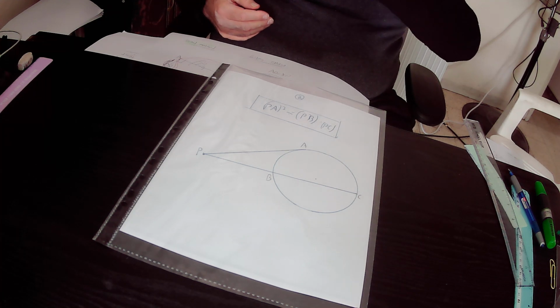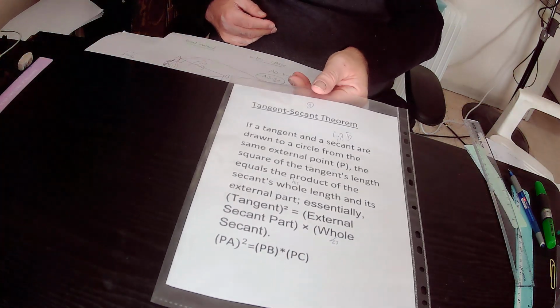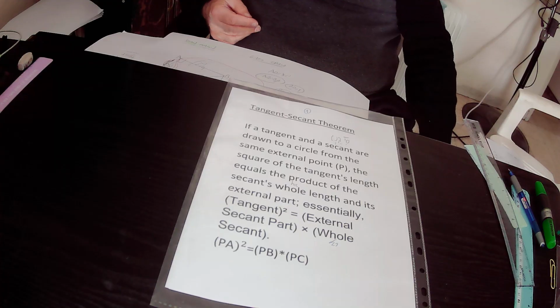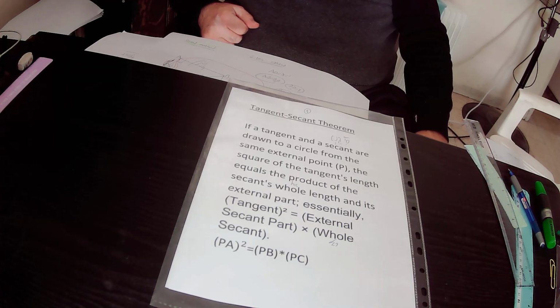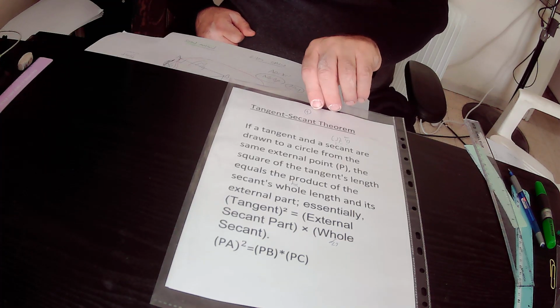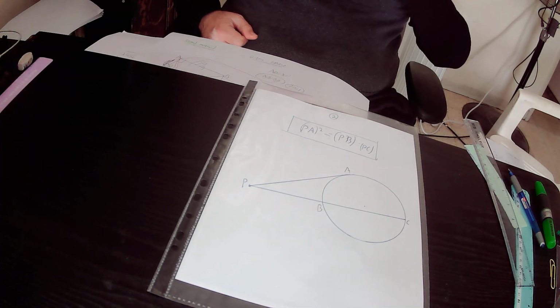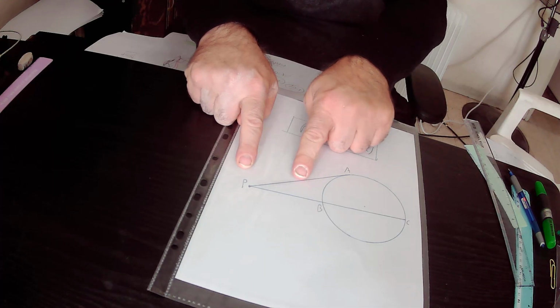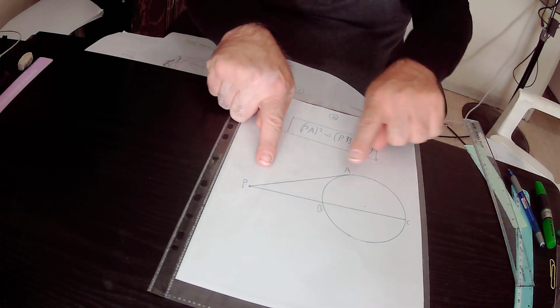According to the tangent secant theorem, the square of the tangent's length equals the product of the whole secant length and its external part. The tangent squared is PA squared, and this equals PB times PC.